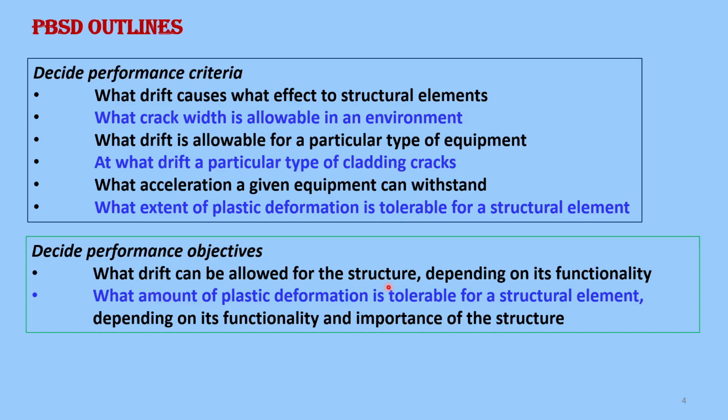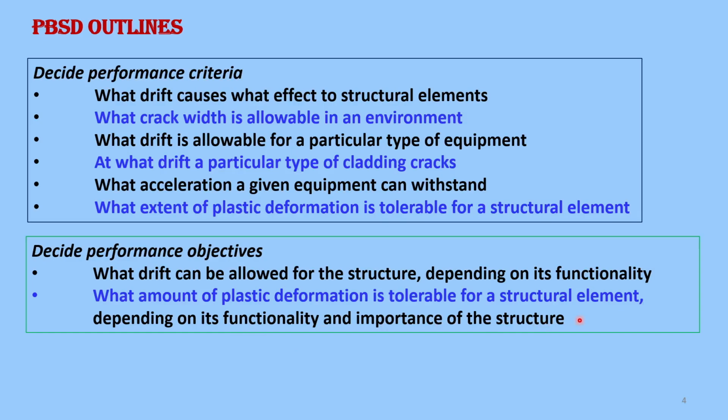What drift can be allowed for the structure depending on its functionality? Is it a residential building? Then what drift do you allow? If it is a hospital building, then what drift do you allow? Certainly drift will be less in the hospital building than in the residential building. Then other than building structures also, there will be some limit on the drifts. What amount of plastic deformation is tolerable for a structural element depending on its functionality and importance of the structure?